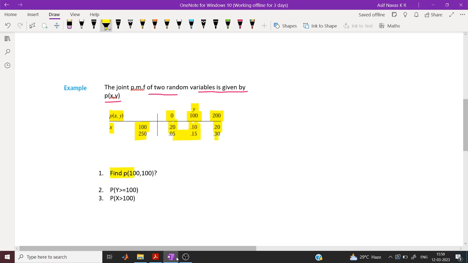First, you have to find p of 100, 100. So p of 100, 100 is the probability of X equal to 100 and Y equal to 100. The answer is 0.10.